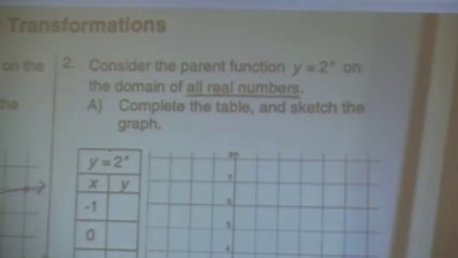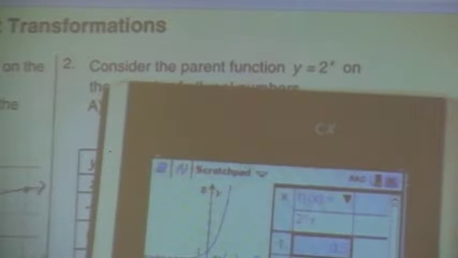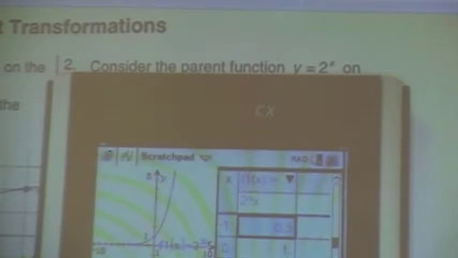Control T, push your table up. Mine's just a straight line.